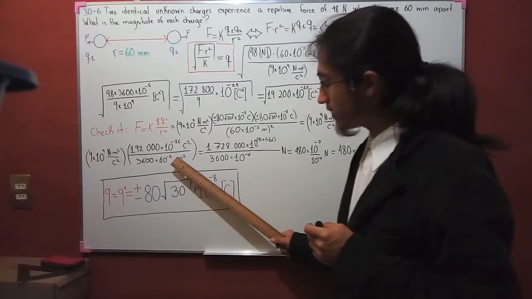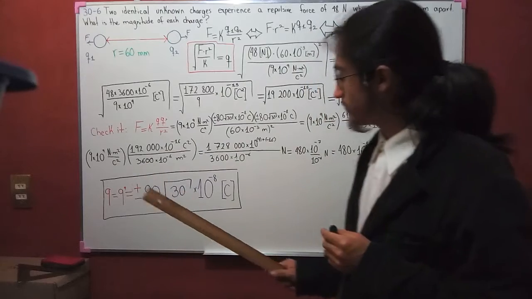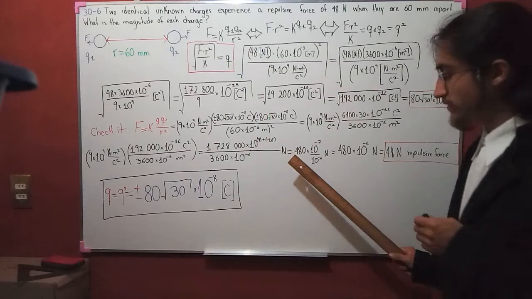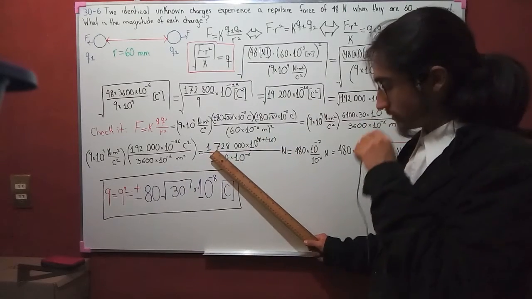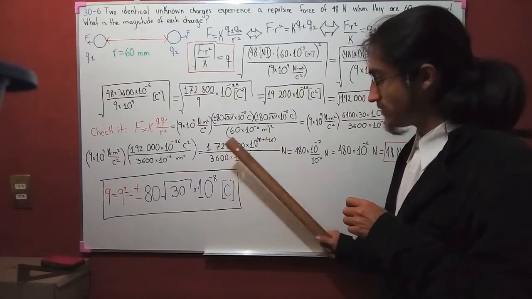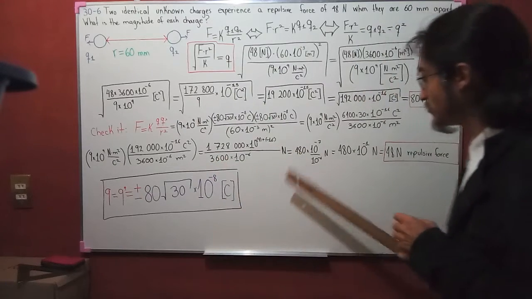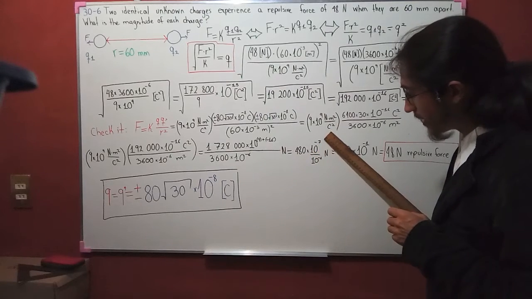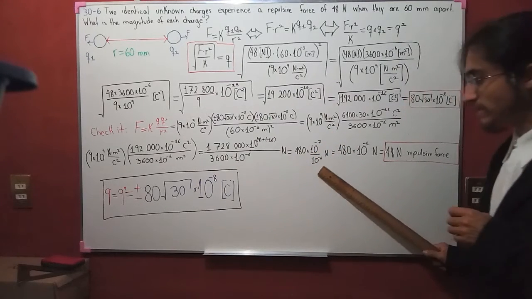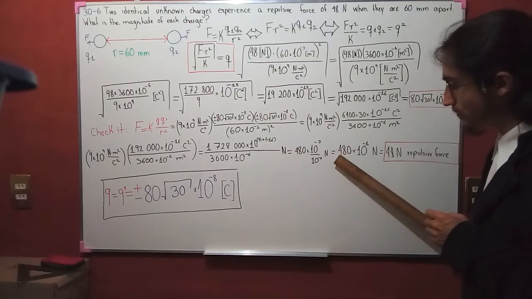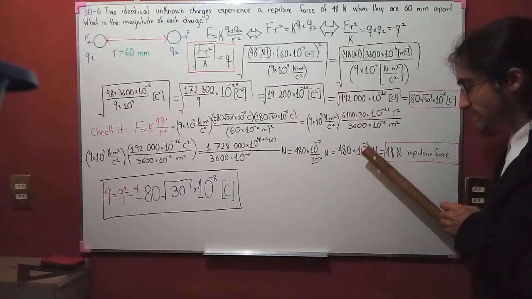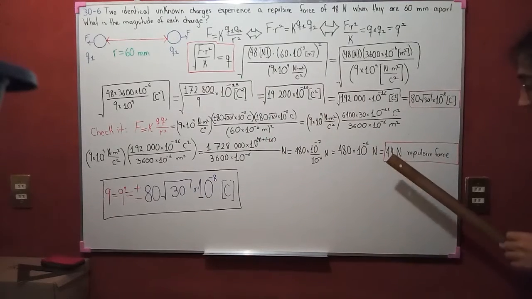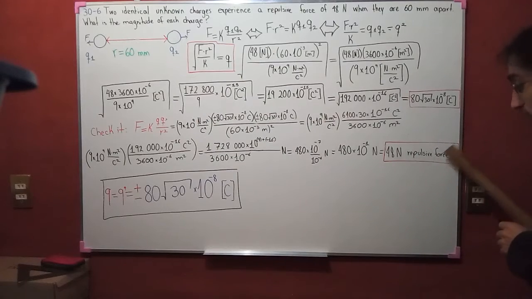Meter squared divided by meter squared equals 1. So the unit is Newton. This is equal to 1,728,000 divided by 3,600 equal to 480, multiplying 10 raised to the power of negative 7 divided by 10 raised to the power of negative 6 Newton, equal to 480 multiplying 10 raised to the power of negative 1 Newton, equal to 48 Newton of repulsive force.